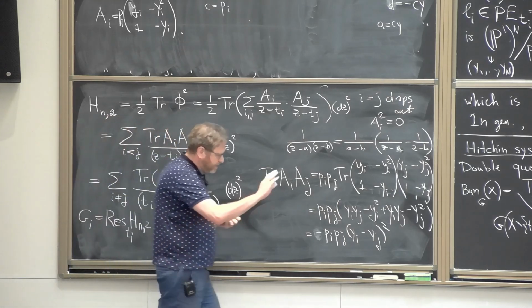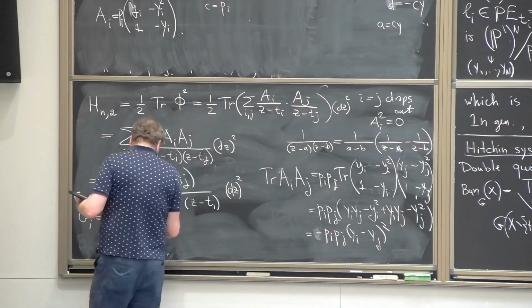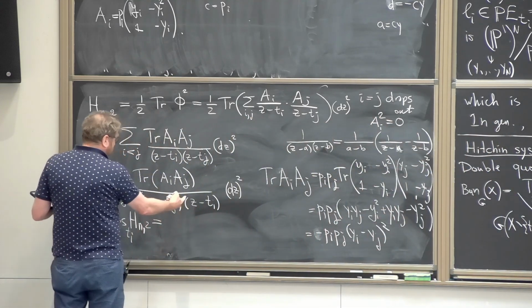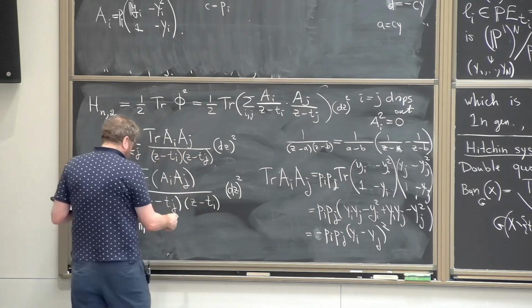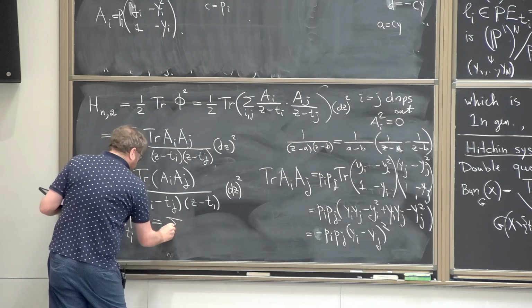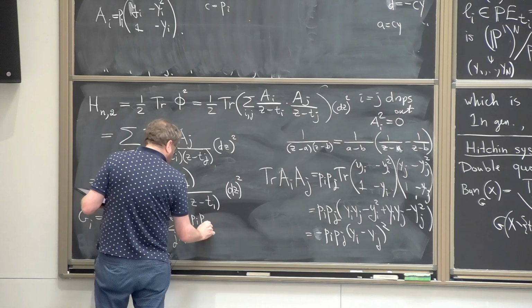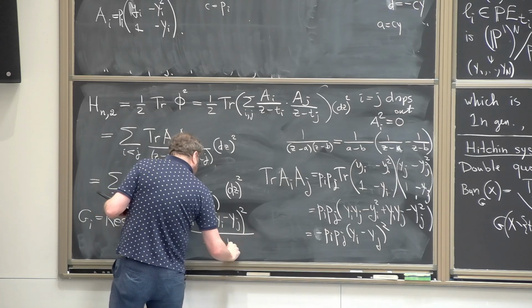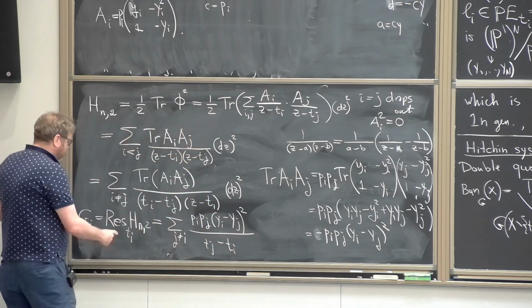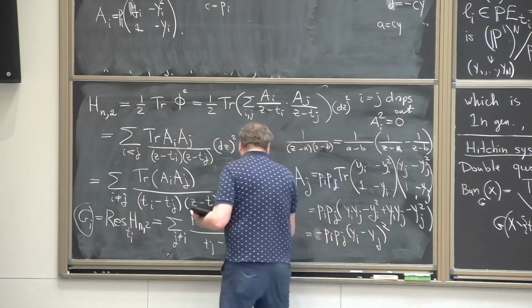At this point, we have trivialized everything, so we can take residues of quadratic differentials or anything we want. So this is just the numerator here, where i is fixed. And so this is going to be the sum over j different from i of p_i p_j (y_i minus y_j) squared divided by t_j minus t_i. And so we obtain an integrable system with integrals like that. And this is the so-called Garnier system.